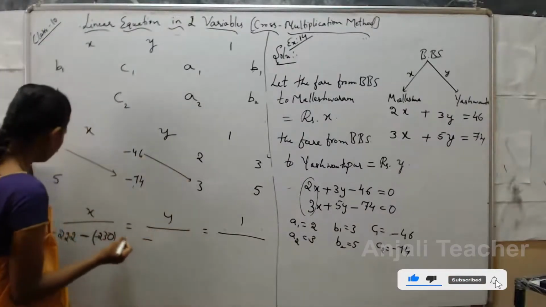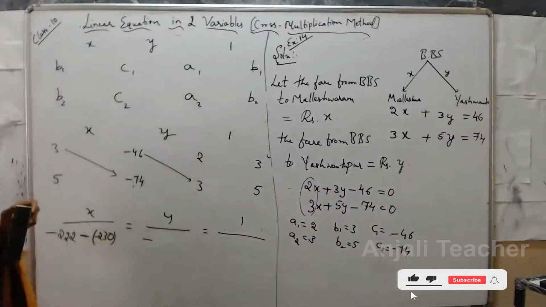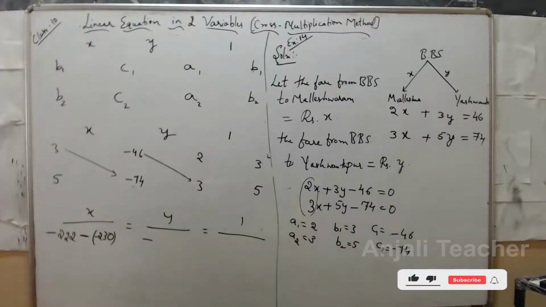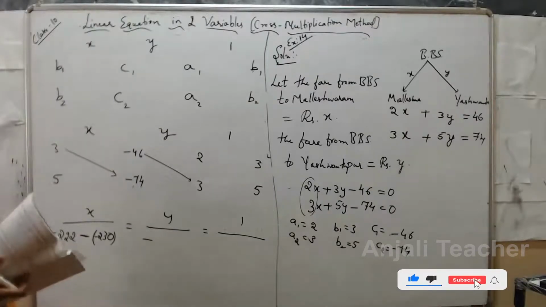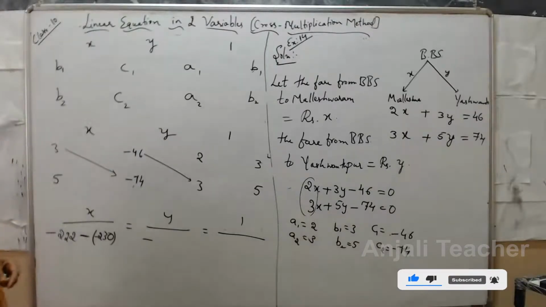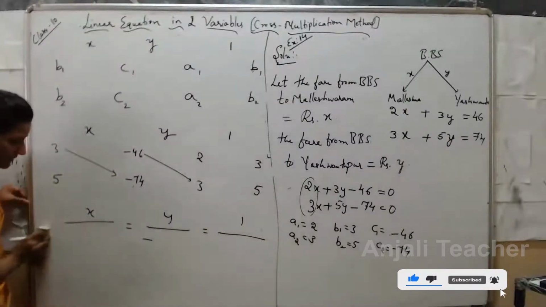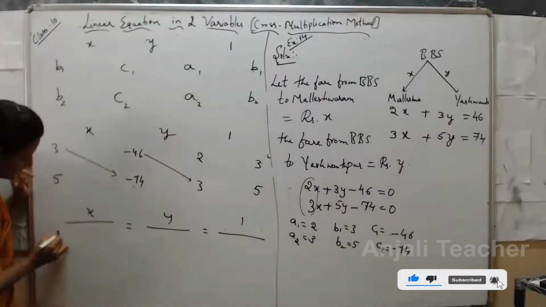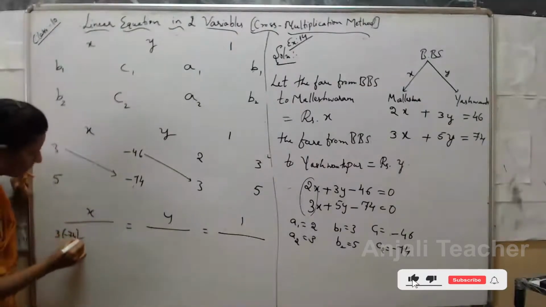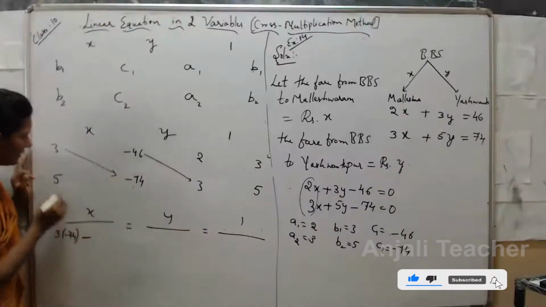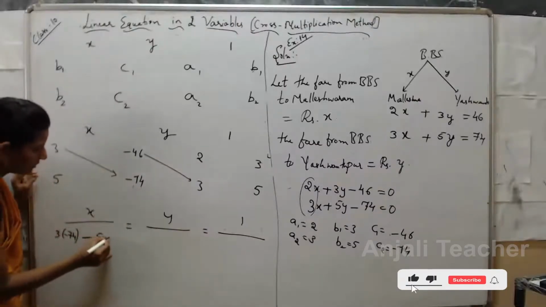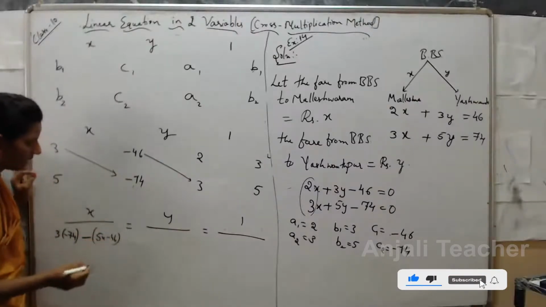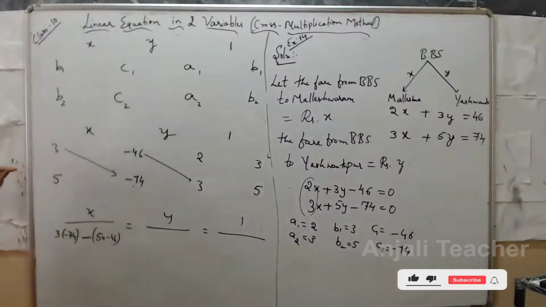Minus 46 into 3 is how much? 46 into 3. I will write it again. How to write it? Because this is the first problem. 3 into minus 74 minus 5 into minus 46.